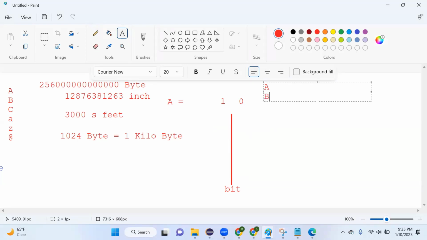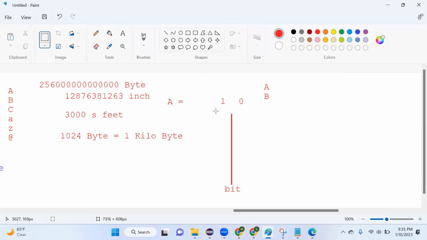Otherwise, how can you send any expression? Then scientists said, okay, why don't we use another bit, 2 bits? So then they used 2 bits.